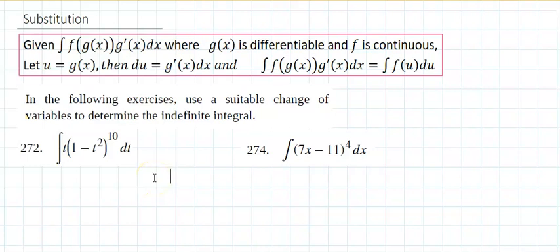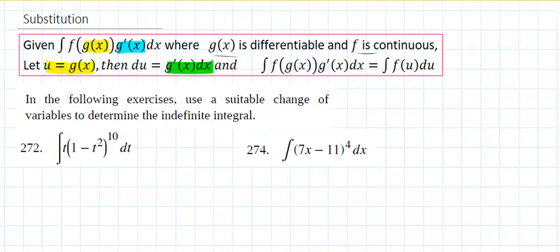This is fun. So this is how it works. You're trying to undo the chain rule. You're trying to integrate f of g of x times the derivative of that, g prime of x, where g of x is differentiable and f is continuous. So what you do, you say, let u equal that g of x and take a derivative of that.